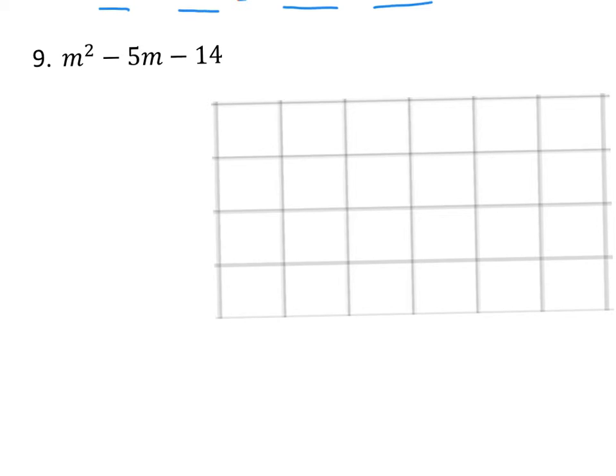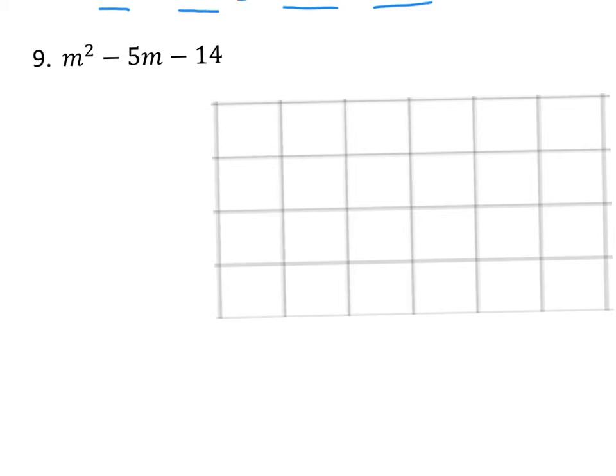So we leave those blank, but we know what goes in the first box, that's m squared. And we know what goes in the last box, that's negative 14. So then we take the product of m squared and negative 14, and we get negative 14m squared.